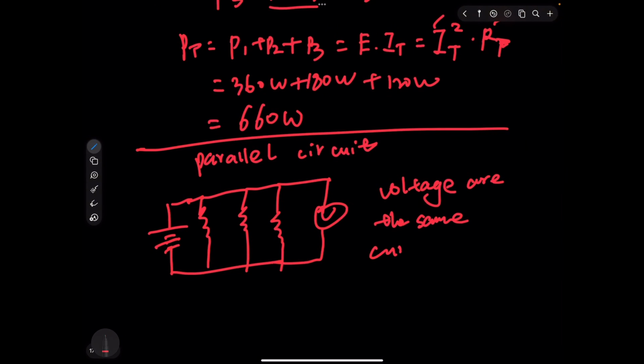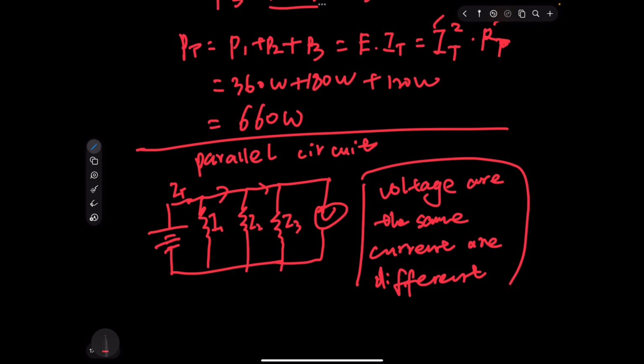The currents are different. Let's say it's IT here, and for each branch it is I1, I2, I3. You just need to remember this: the voltages are the same and the currents are different.